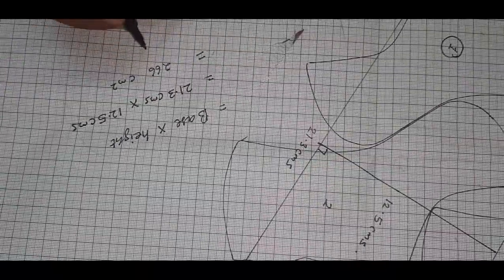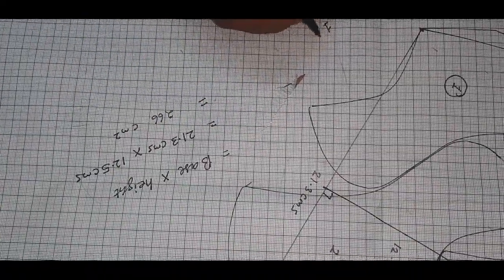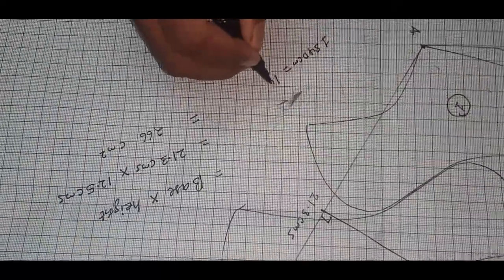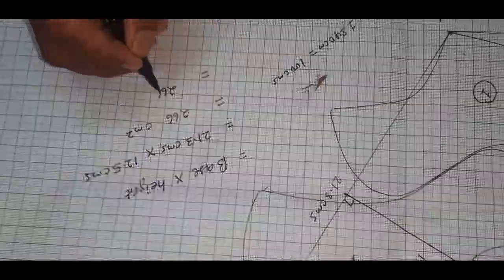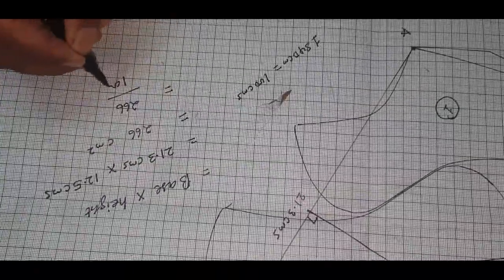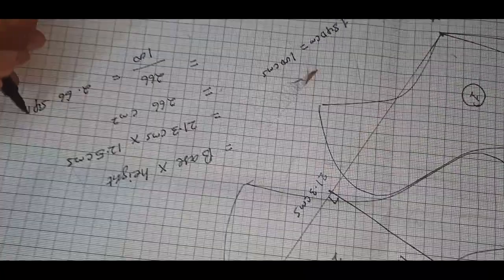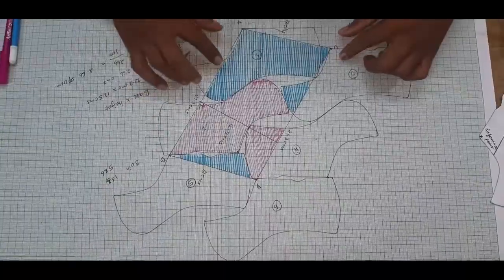The centimeter square we have to convert into square DC. See, 1 square DC equals 100 centimeters square. So 266 divided by 100 is 2.66 square DC. So in this parallelogram, two patterns are inside.